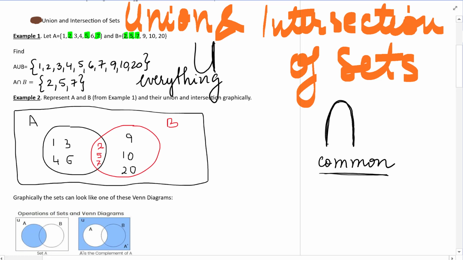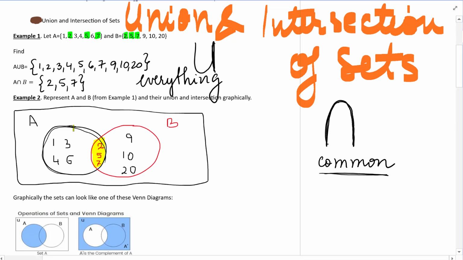Now, in terms of visualizing graphically, I want you to look at these two Venn diagrams. So I have the set A with black and the set B in red. There is also a common part, this part where they overlap. So in this part, we're going to put the intersection, the terms that are both in A and in B, 2, 5, and 7.